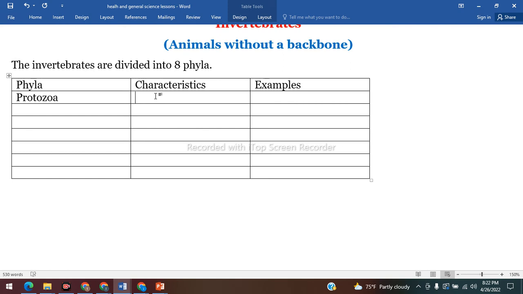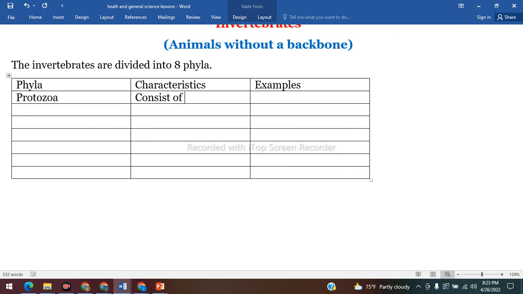Anyone know? They look like bacteria. These are the ones that consist of how many cells?